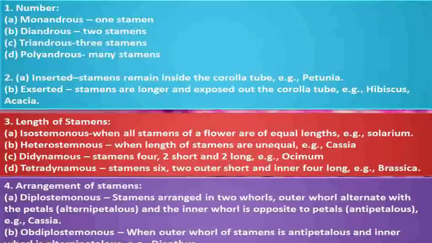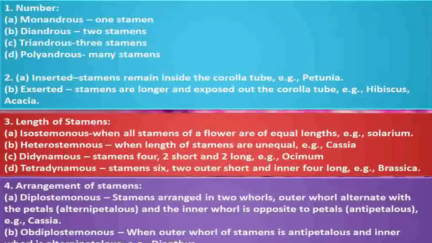On the contrary, when the filaments of the stamen are very long and thus protrude out of the flower, then that is known as exerted, which is this. So in this, stamens are longer and exposed out of the corolla tube. Inserted stamen is seen in petunia, and exerted stamen is seen in hibiscus and acacia.